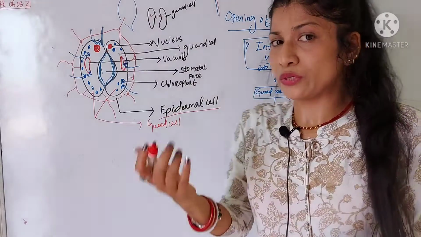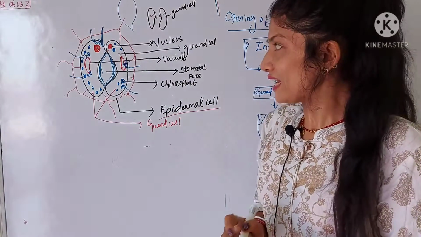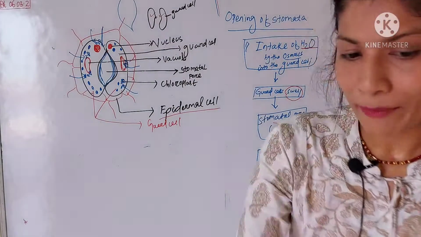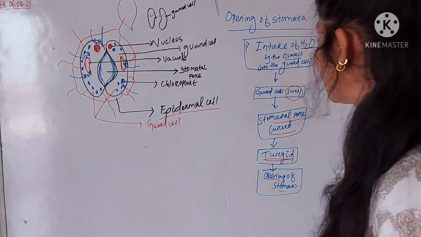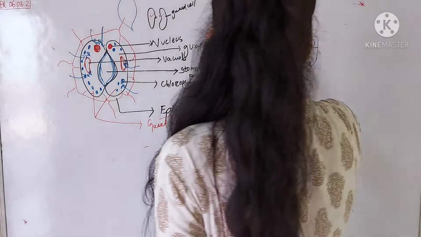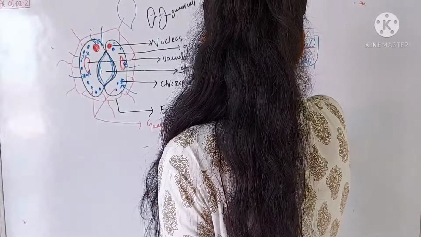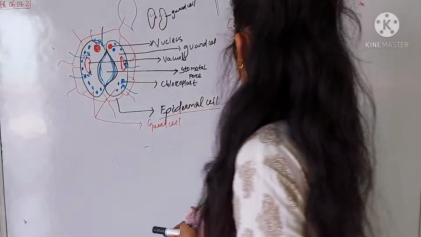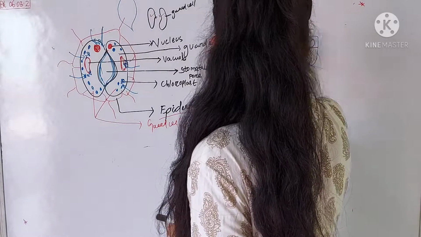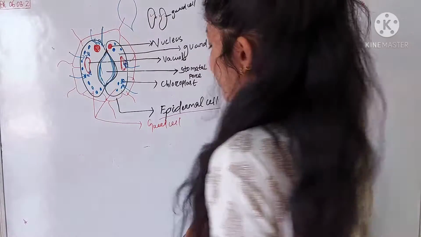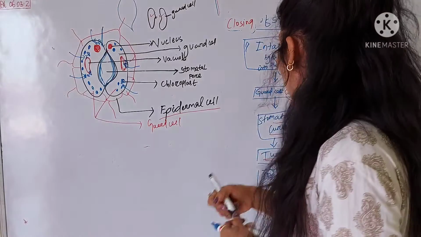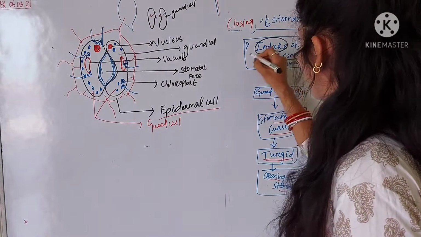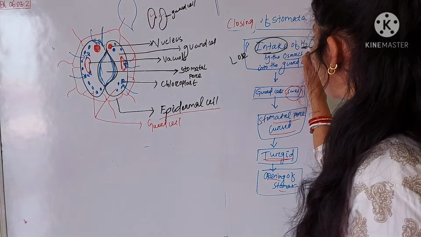Then it becomes turgid. Finally, the opening of stomata takes place. It is just the opposite in closing of stomata. In closing of stomata, what happens? The guard cell loses water molecules. That is the closing of stomata.